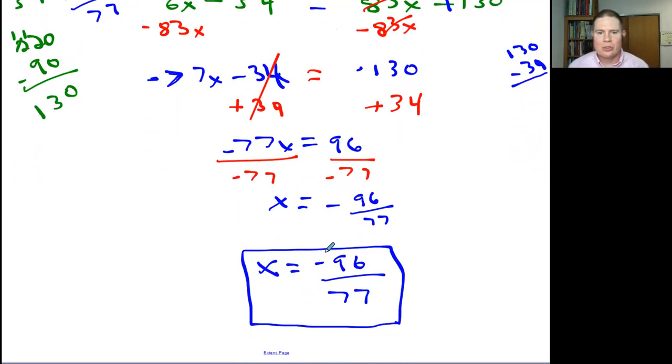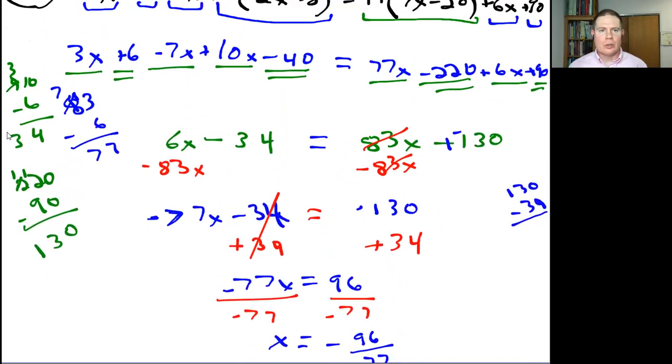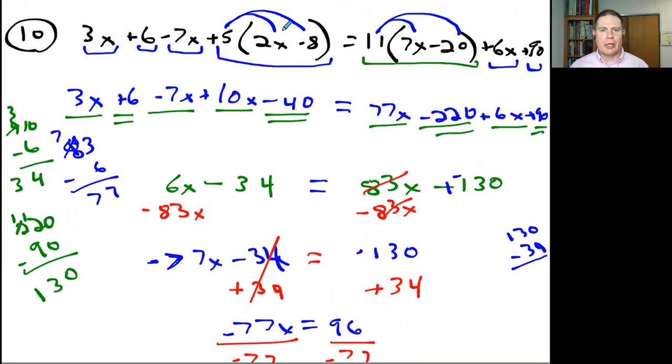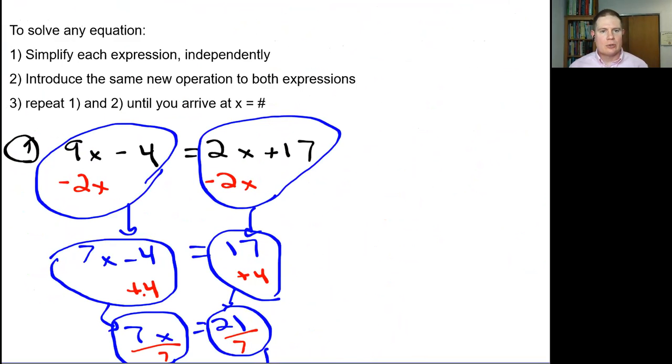All right, now this is too ugly for me to plug in. It would take another 2 hours to evaluate this original expression by plugging in negative 96/77, even if we already knew how to add, multiply, subtract, and divide fractions. So we'll leave it there. Our process is the important part.